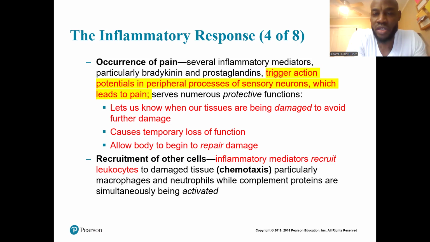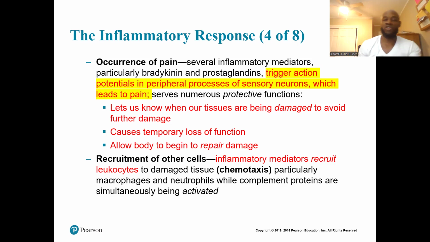So these action potentials are being triggered, and can cause temporary loss of function, which also allows the body to begin to repair itself. We don't want to use that part of your body. You kind of want it to stay still so that it can start to repair.